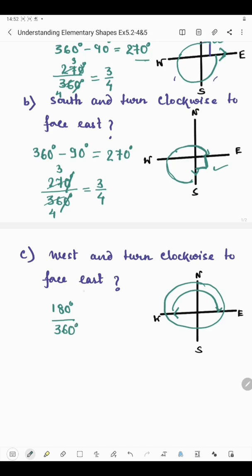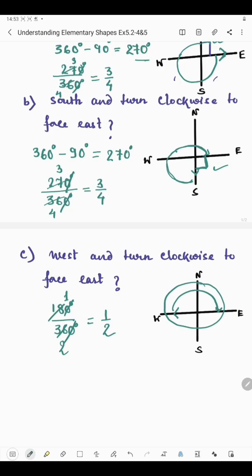Since we have to find the fraction here, means a part, we will have to write the degrees it makes out of the total degrees. Total means the complete revolution. So the zeros will be cancelled. 18 1s are 18 and 18 2s are 36. That means 1/2. So if you are facing west and turn clockwise to face east, it makes 1/2 part of a revolution.